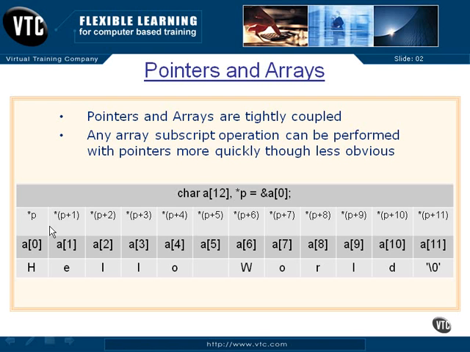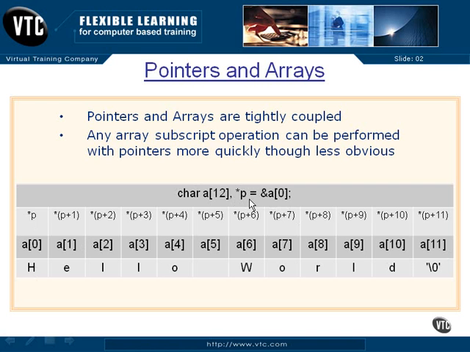Here we have an example of a character array that is 12 positions long, 0 through 11, 12 characters. Right next to it, we're also going to create, in a standard C statement, an expression. We make a character A of 12, comma, a pointer called P, which is a character pointer and has an asterisk there, and our initialization sets P equal to the address of A sub 0, which is this first byte right here.